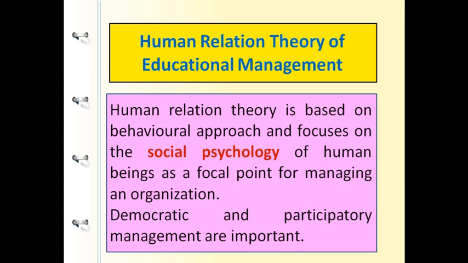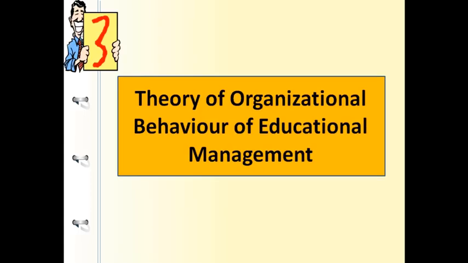What is social psychology here? Social psychology is a branch of psychology that deals with social interaction, including their origins and their effects on the individual. Democratic and participatory management are important.